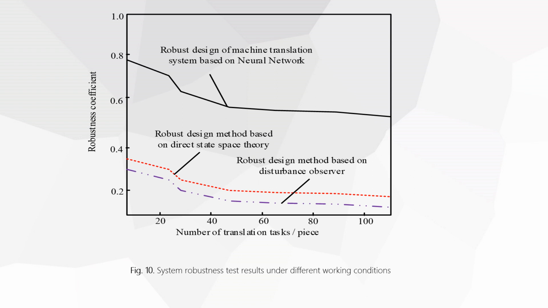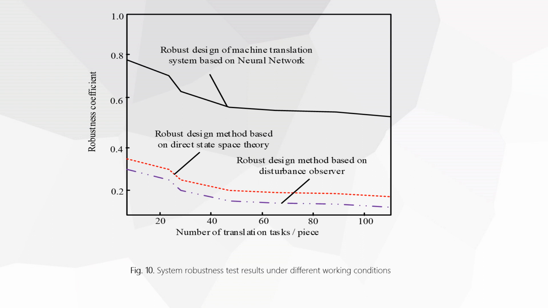The average value of the empty system load robustness coefficient of the optimization design method is 0.66, and the value of the optimization design is 0.29 and 0.38 higher than that of the comparison methods.